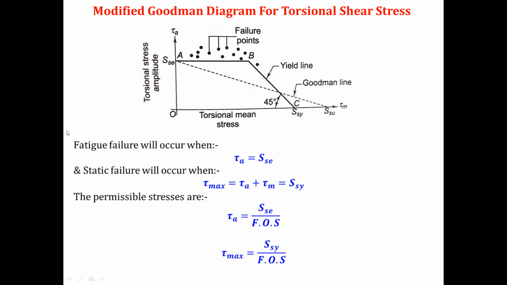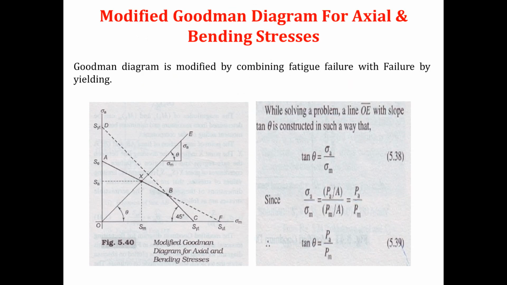Fine. So fatigue failure will only occur using the modified Goodman diagram for torsional shear stress when the torsional shear stress amplitude, that is tau A, is equal to SSE. What is SSE? SSE is nothing but the endurance limit of that particular component in shear. In this diagram, what is SE?